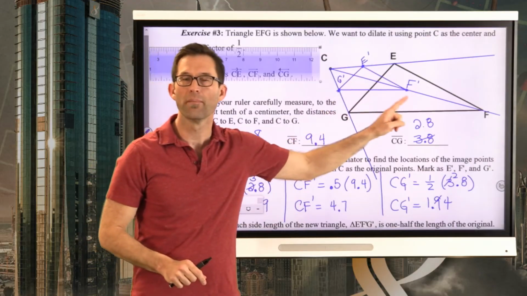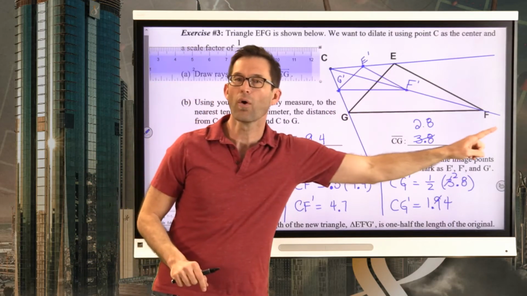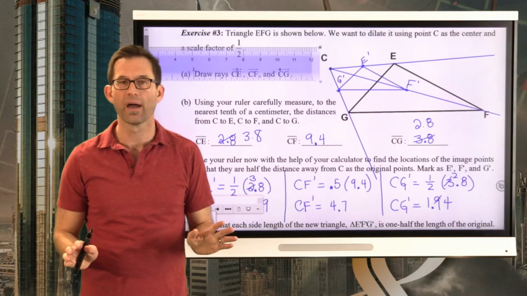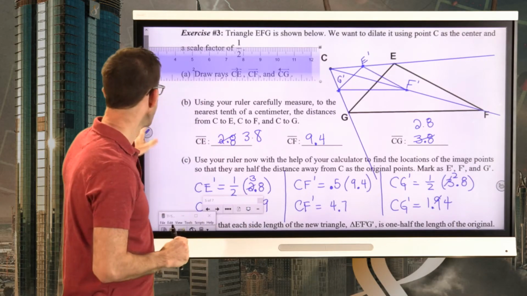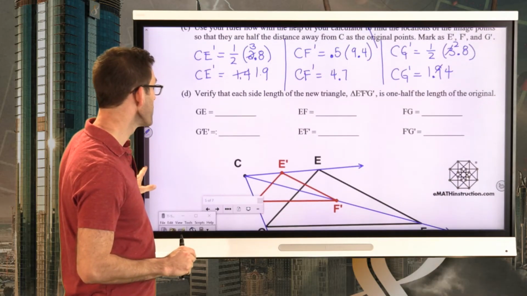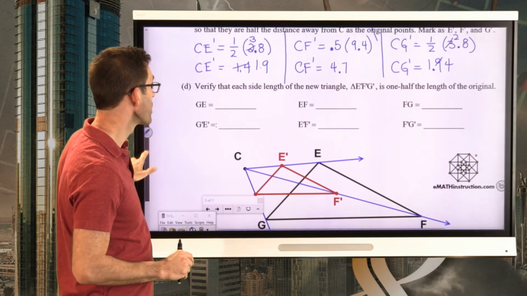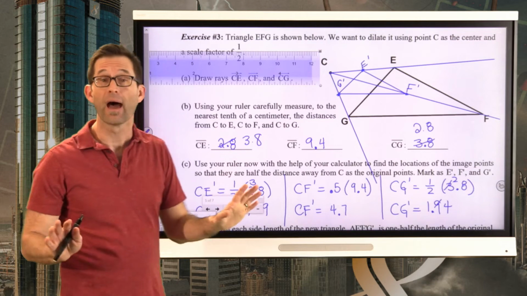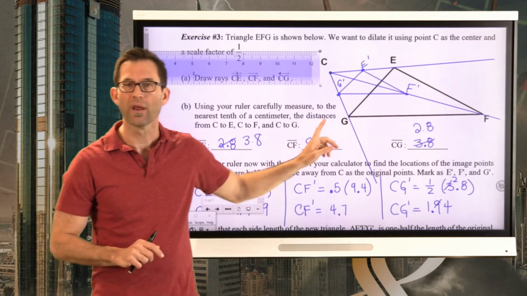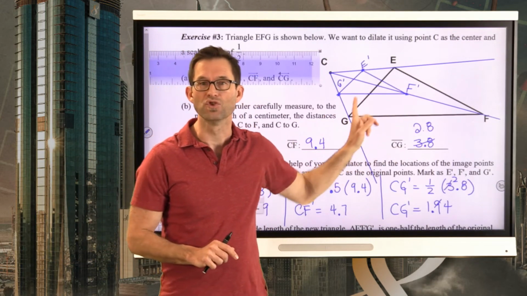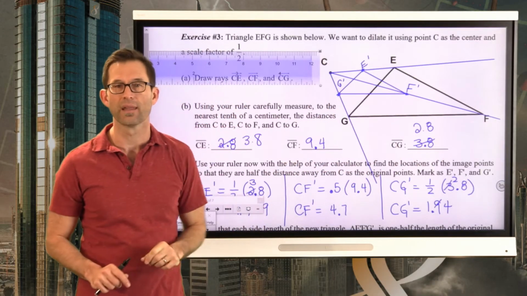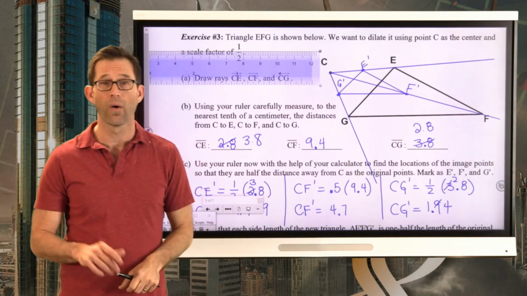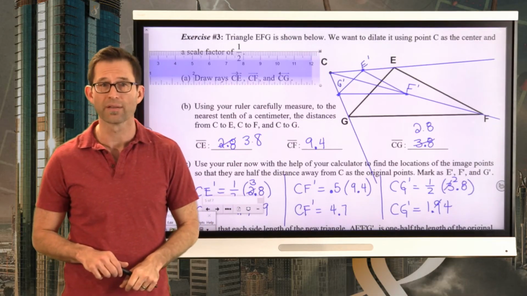It's that triangle where every single side has been dilated down to 1/2 the original side. So what we want to do is verify that. And you want to verify that now, and these lengths should come out pretty nice by measuring the lengths of G prime E prime, G prime F prime, E prime F prime, and then all of those three side lengths. So go ahead and do that now, and then let's verify that they're half the lengths.